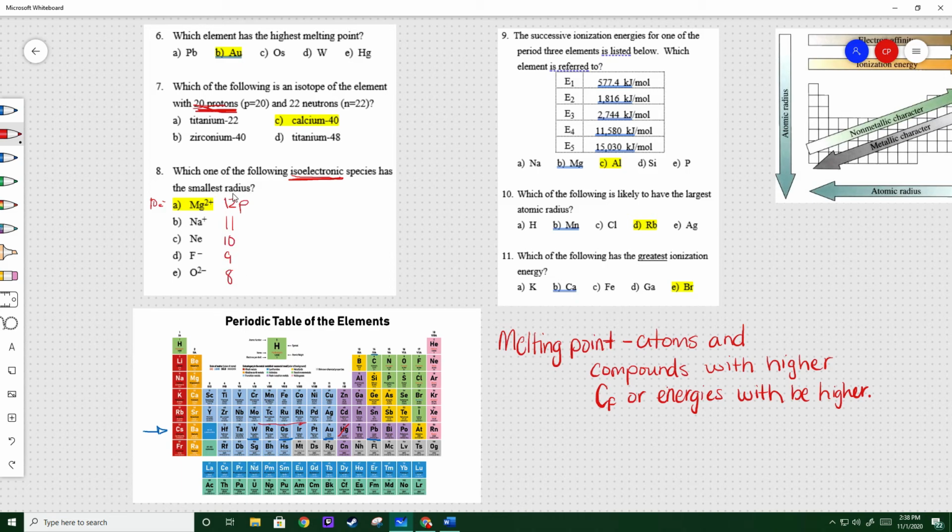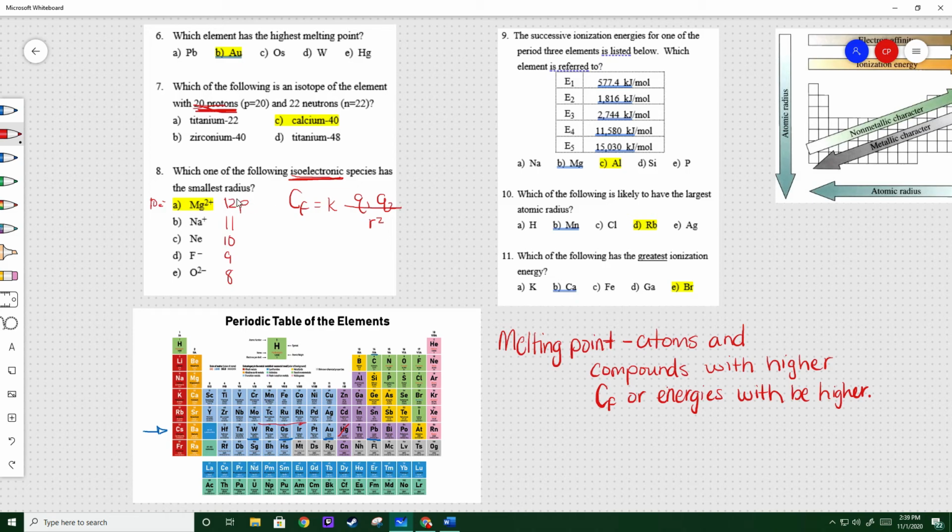It wants to know the smallest radius. Remember, according to Coulombic force, CF is equal to k, a constant, times Q1 Q2 over the radius squared. We're trying to figure out the radius here.